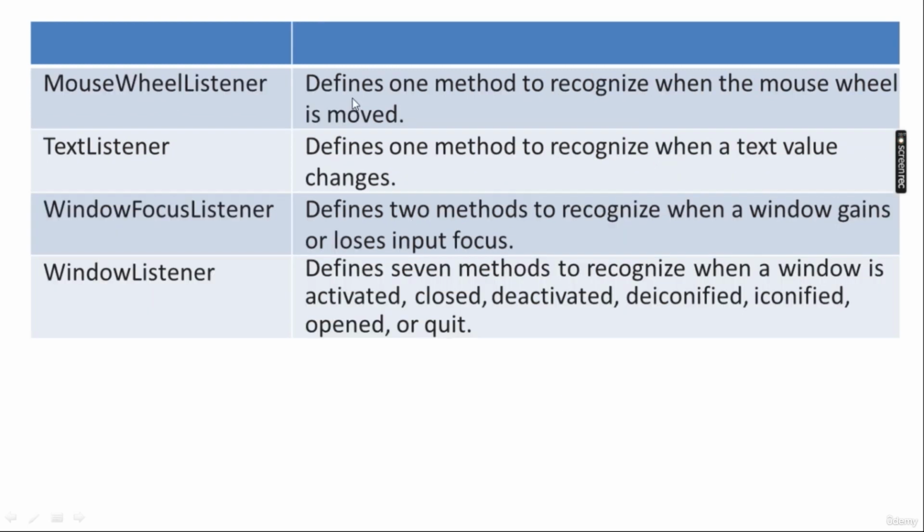MouseWheelListener defines one method to recognize when the mouse wheel is moved. TextListener defines one method to recognize when a text value is changed. WindowFocusListener defines two methods to recognize when a window gains or loses input focus. WindowListener defines seven methods to recognize when a window is activated, closed, deactivated, iconified, opened, or quit.